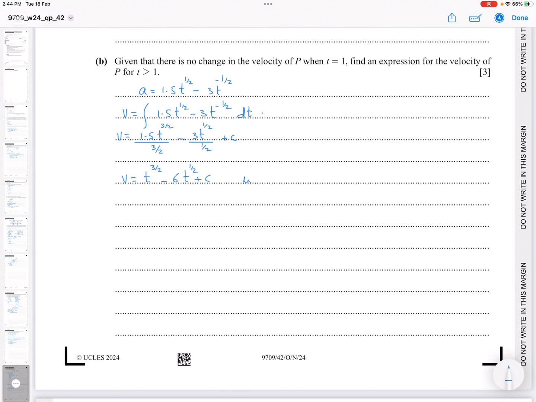So when t is equal to 1 or v is 5, so 5 equals 1 power 3 by 2 minus 6, 1 power 1 by 2 plus c. So c is 10. So your equation is v equals t power 3 by 2 minus 6 t power 1 by 2 plus 10.